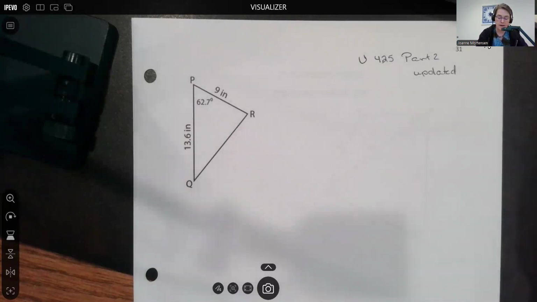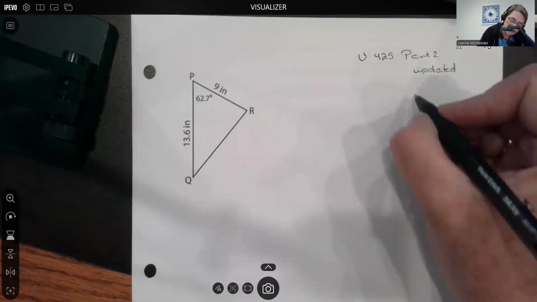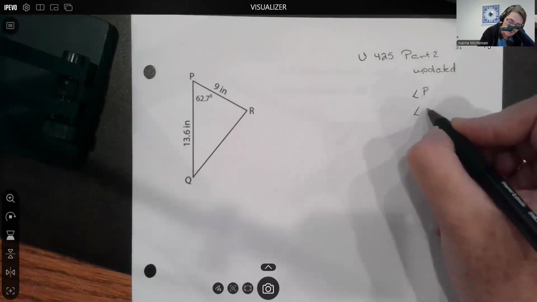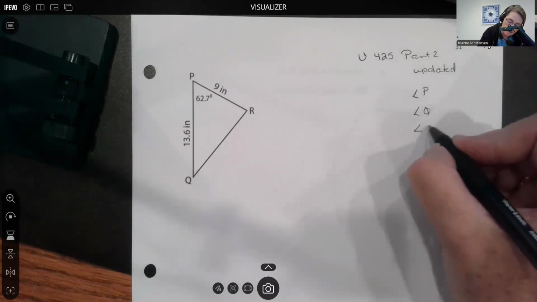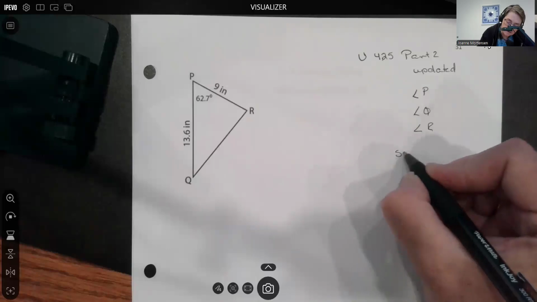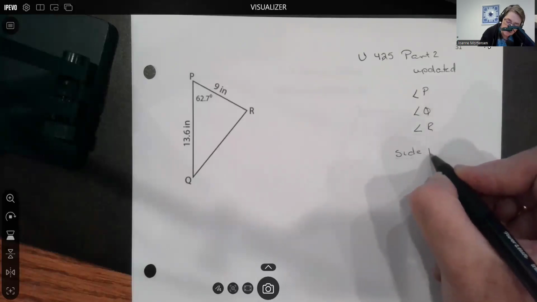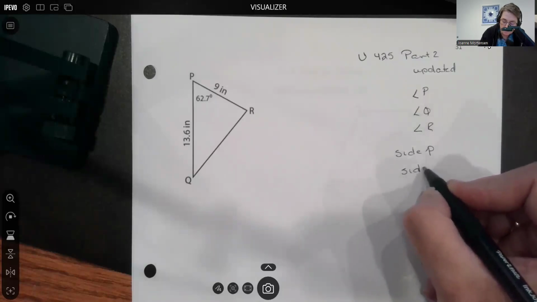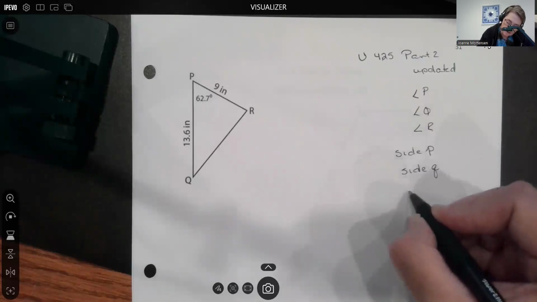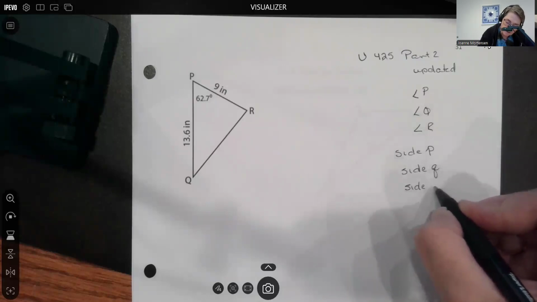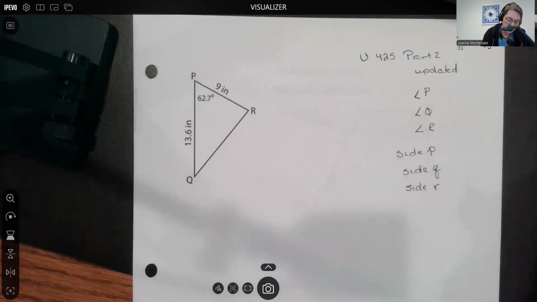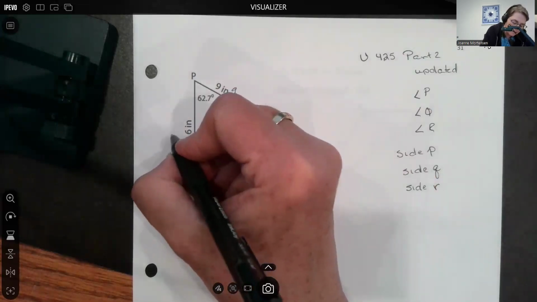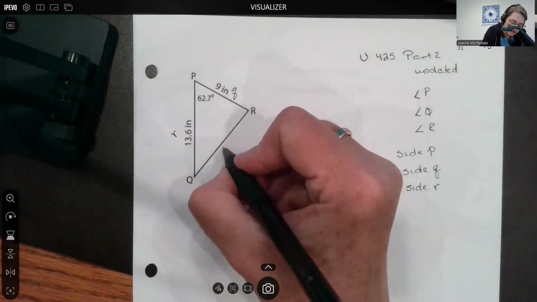We are still solving the triangle, so that reminds me I need to label it: P, Q, R, and side R. Okay, so this is little q, r, and p.